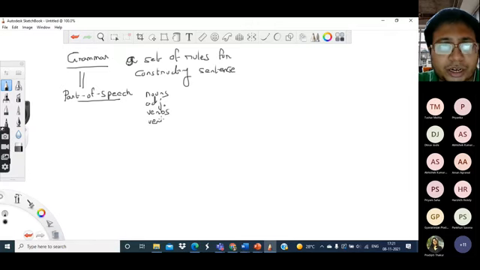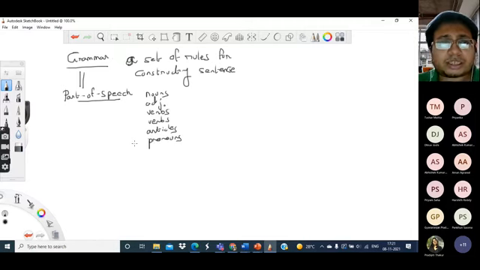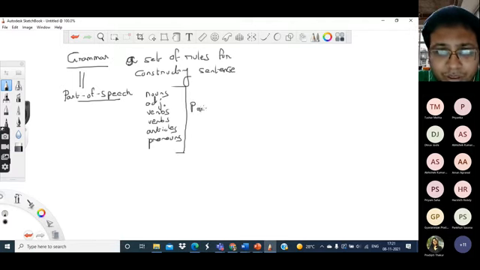Apart from that, there are also articles, pronouns, prepositions, etc. So once you have the vocabulary, another important task is marking the parts of speech of each word.